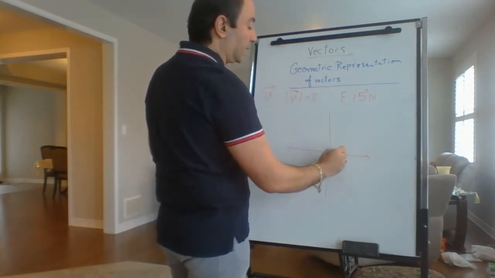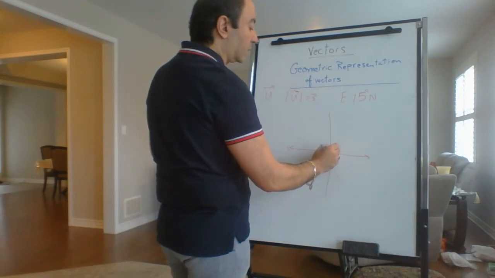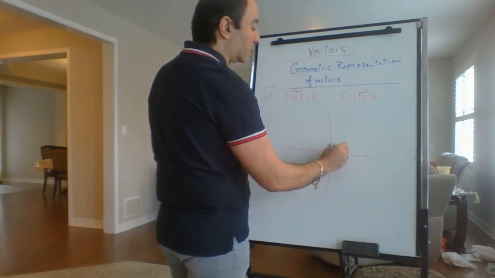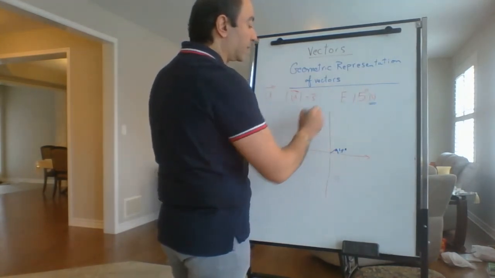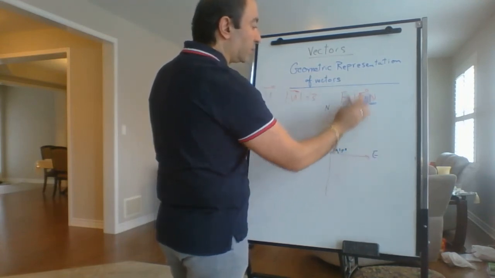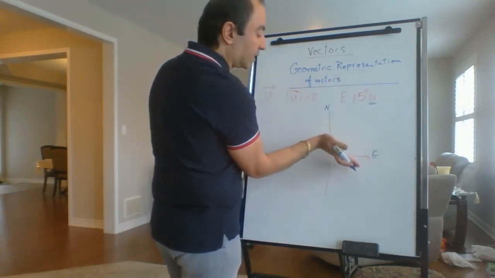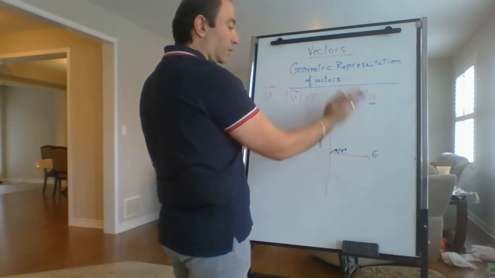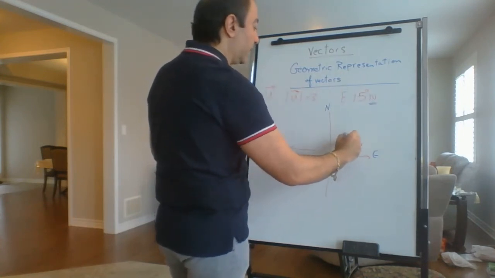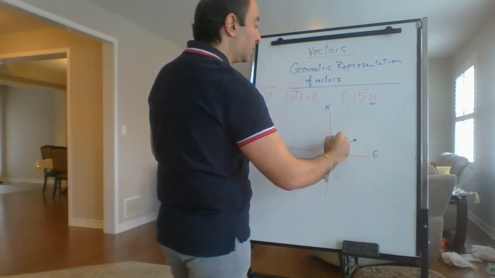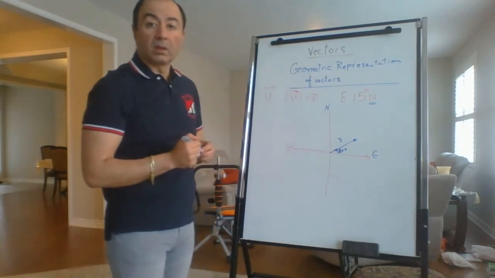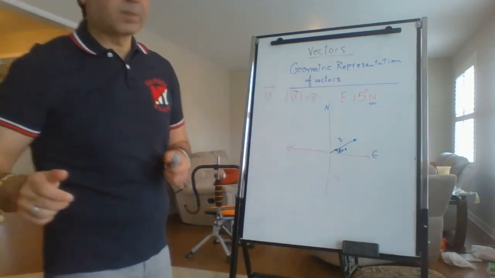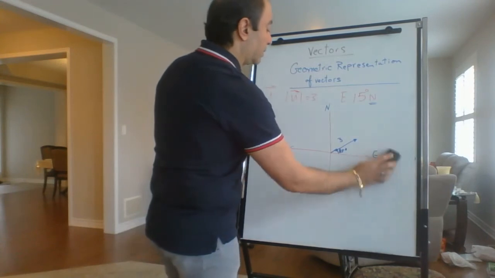So I go with the east and I measure 15 degrees. So this angle should be 15. Then I draw a vector and it has to be towards the north because the second letter tells me which way, because I can draw 15 this way or that way. It is north, so I have to go this way. And the length should be 3 units. Alright, so this is how we represent it geometrically.